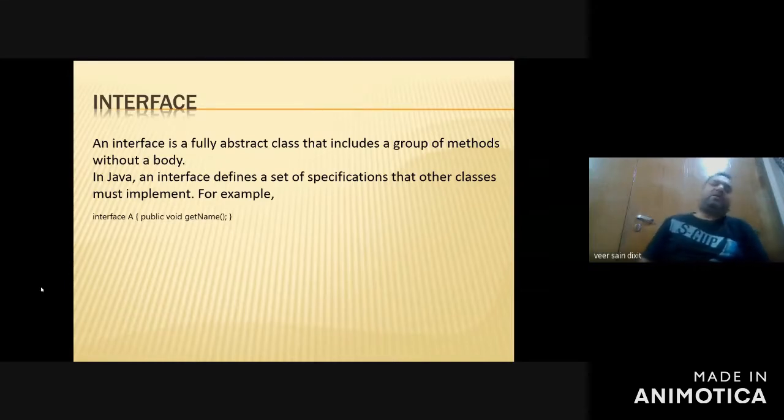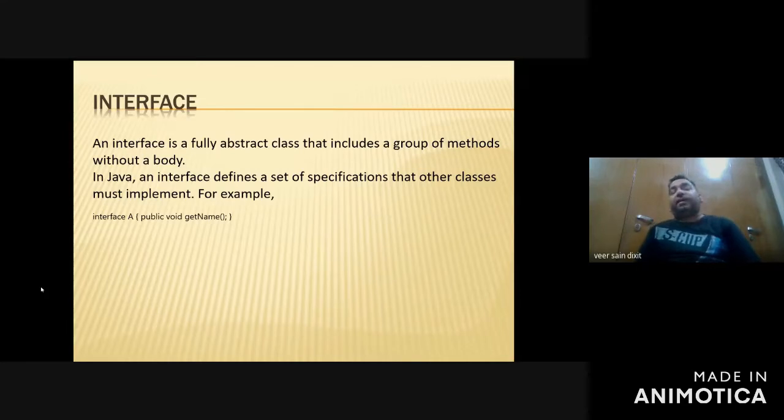When I am talking about abstract methods, it means methods without any definition, and when I am talking about regular methods, that means methods with a body. So an abstract class can have both regular methods as well as abstract methods, but an interface contains only abstract methods, right?